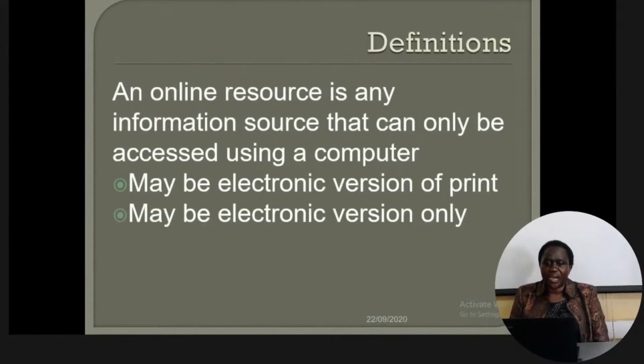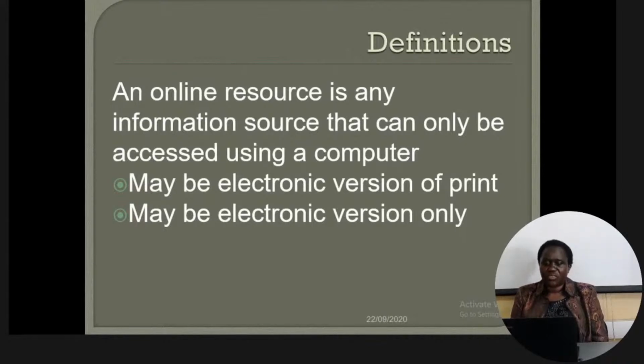We'll look at what online resources are, so that we understand them and can know how to use them thereafter. Briefly, an online resource is any information that can be accessed using a computer. Whatever information you can find and access using a computer is an online resource.